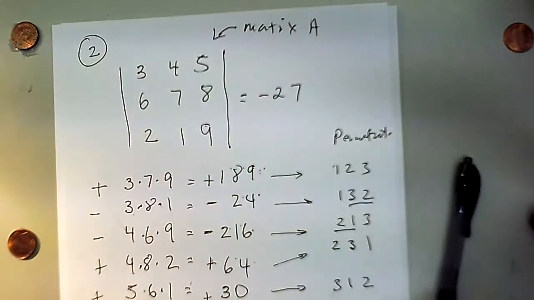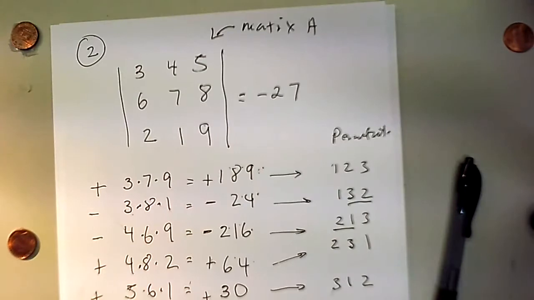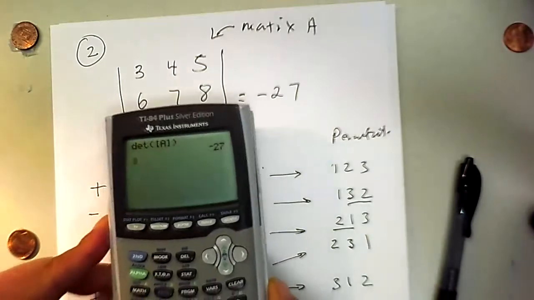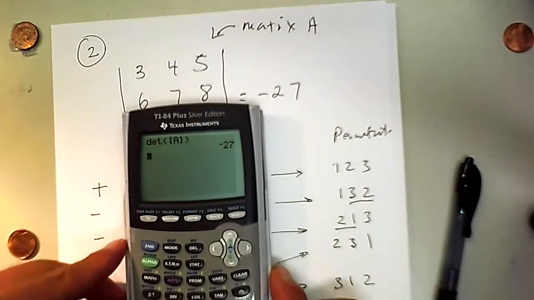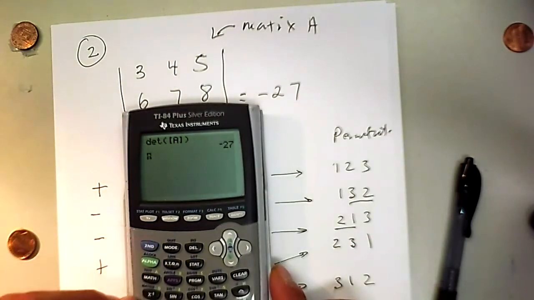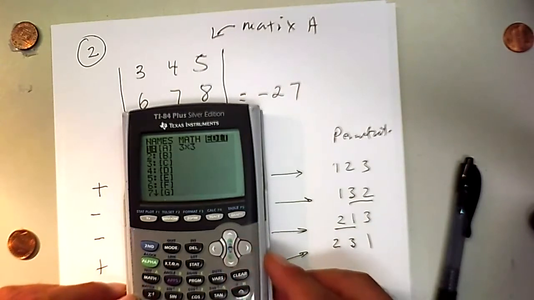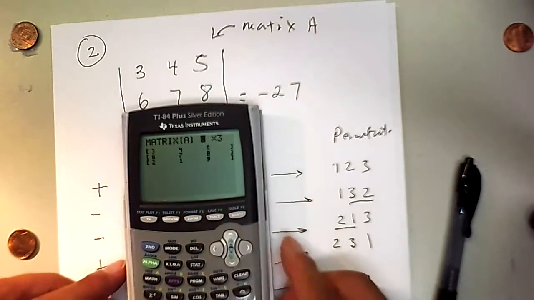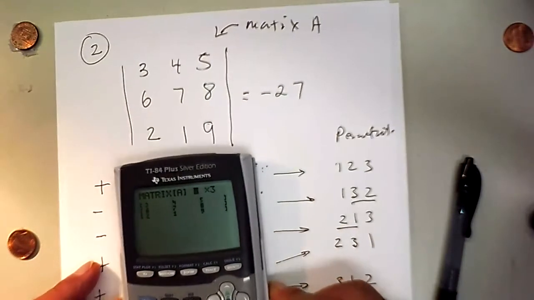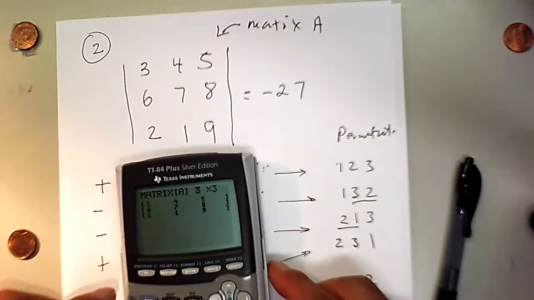I'm going to pause for a moment to check that I'm correct using the graphing calculator. Yep, I checked with a graphing calculator. What I did is I edited the matrix. There it is. It has the same elements, 3, 4, 5, and so forth.